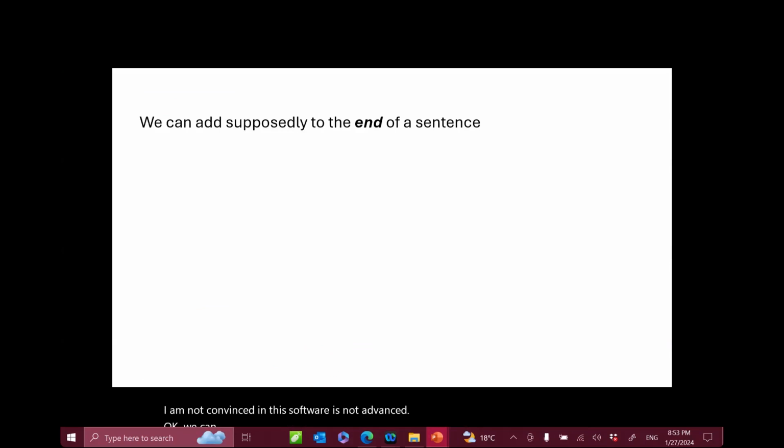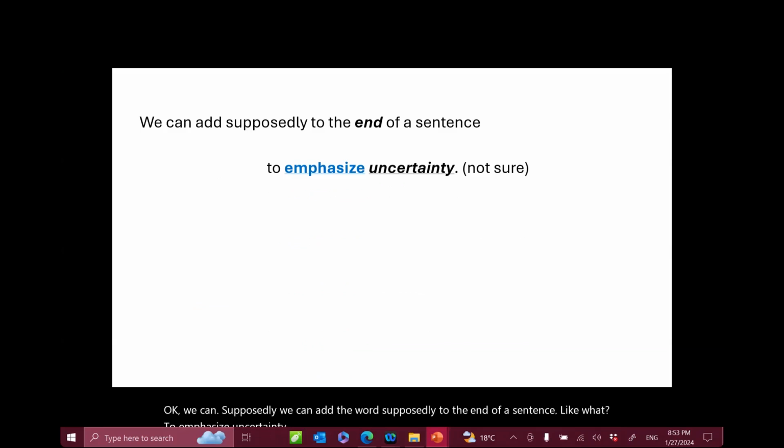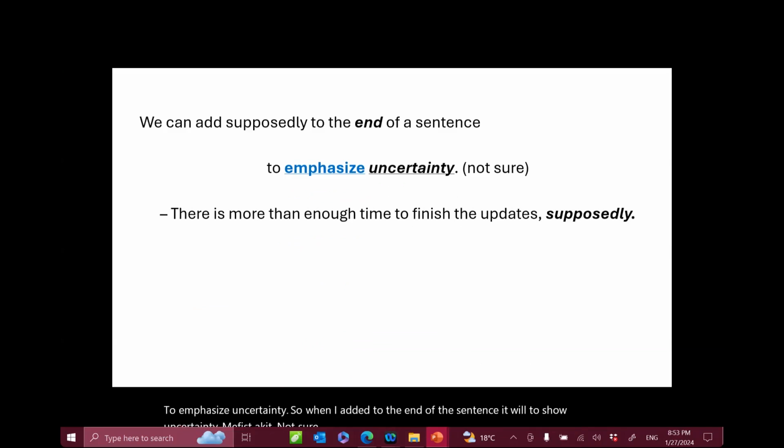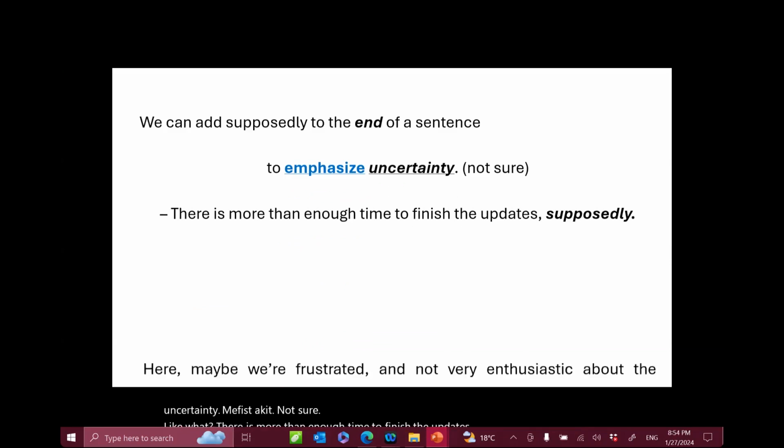We can add the word supposedly to the end of a sentence, like what? To emphasize uncertainty. So when I add it to the end of the sentence, it shows uncertainty. مفيش تأكيد. Not sure. أنا مش متأكدة من الكلام ده. Like what? There is more than enough time to finish the updates, supposedly.